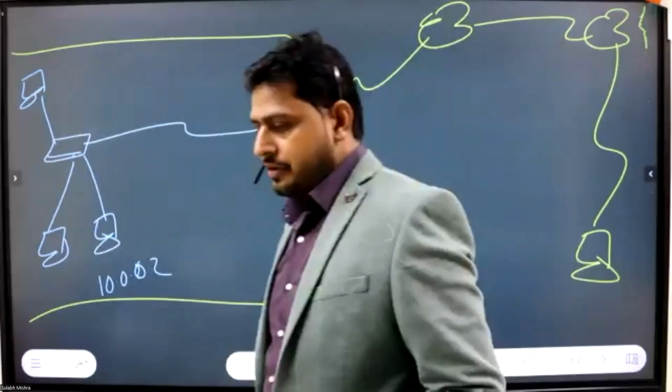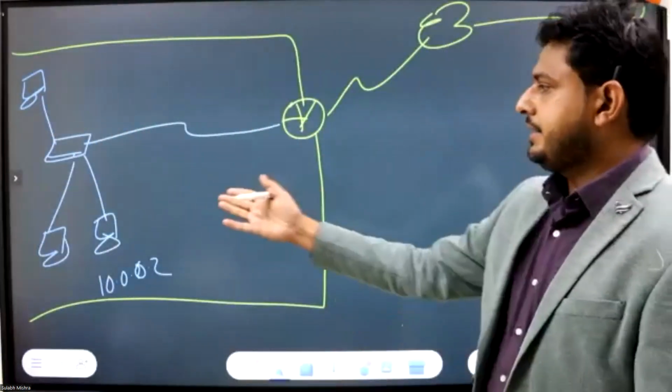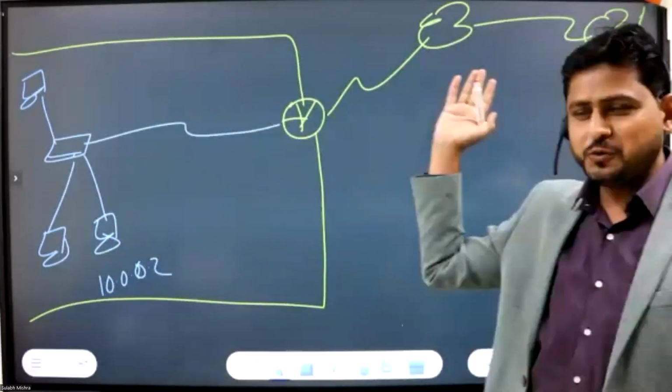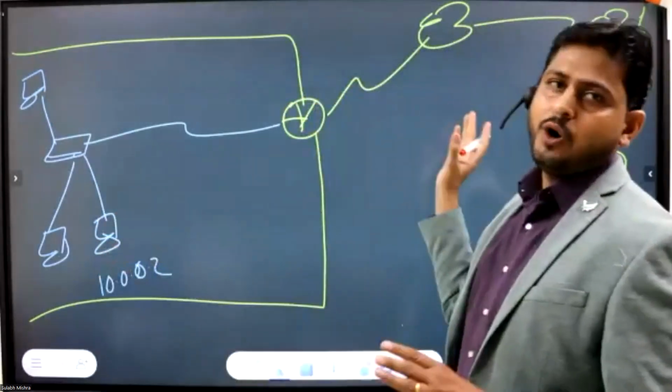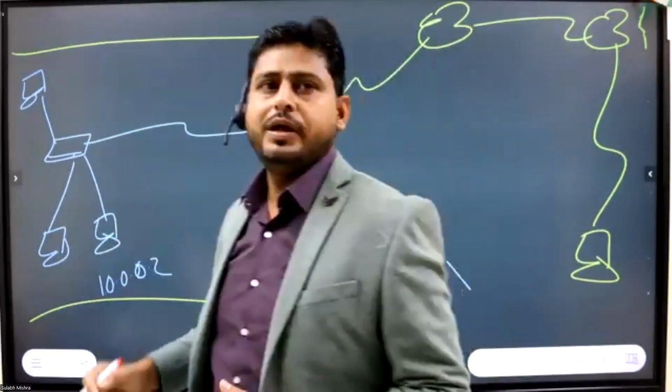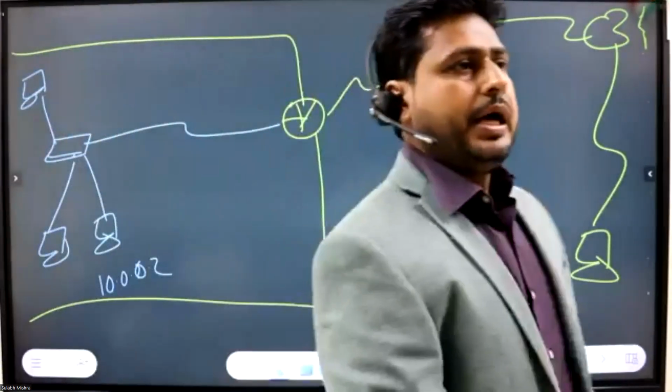Now, has the whole motive been fulfilled? That means our internal users are able to go outside. They are able to communicate with each other, computer to computer, as well as go outside. We have designed our whole network.